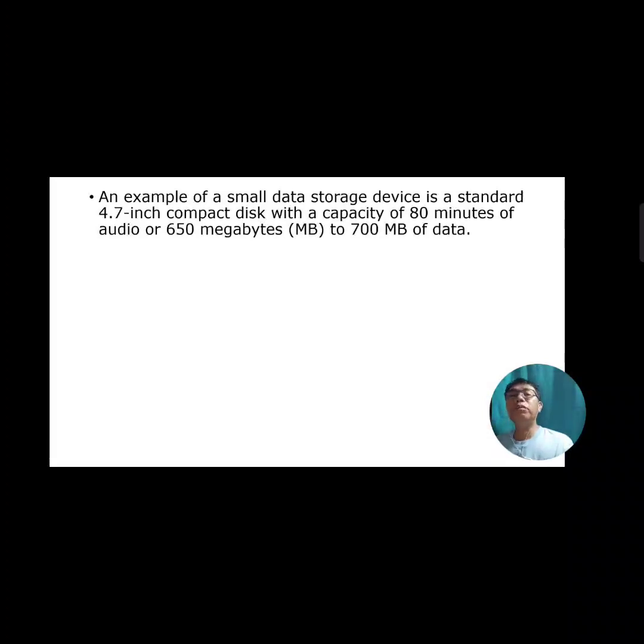Best example of this, if you have 1 to 2 hours of movie, we have here disc 1 and disc 2. Unlike the other type of disc like DVD, it comprises at least 10 movies in one disc. In case of compact disc or the CD, 2 CDs for one movie.